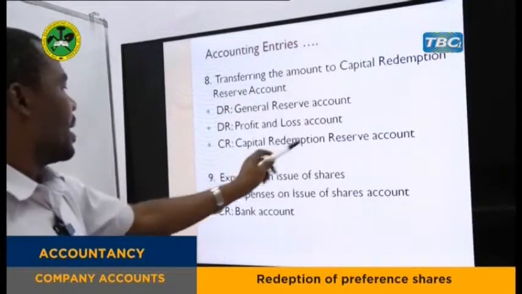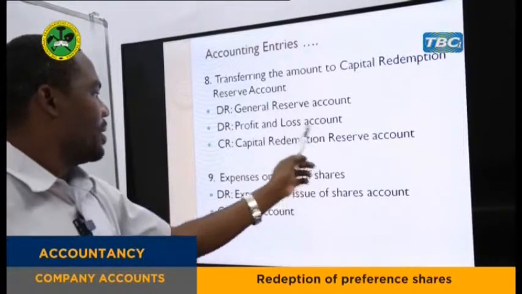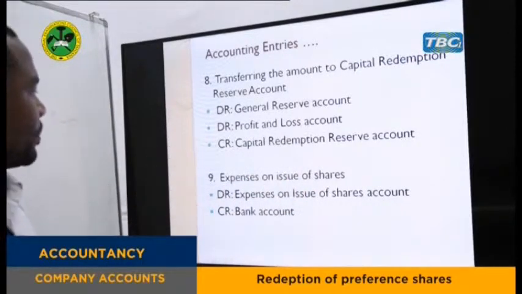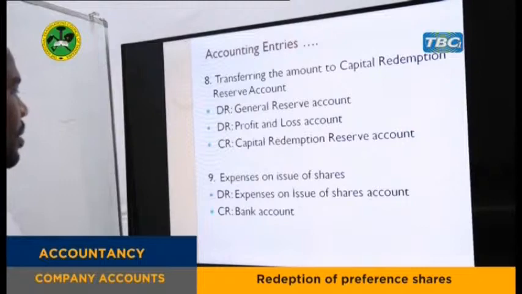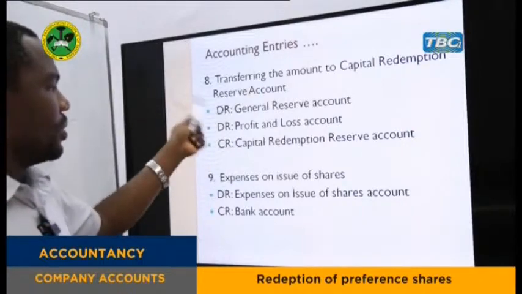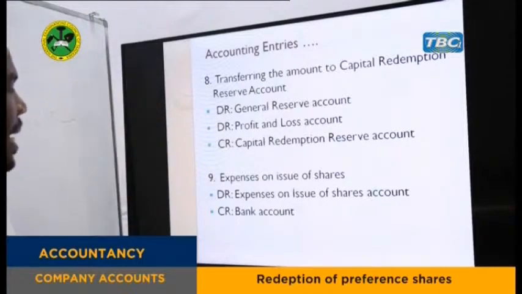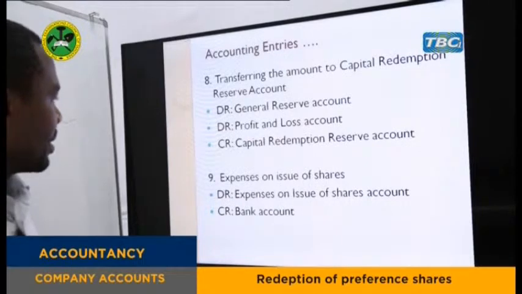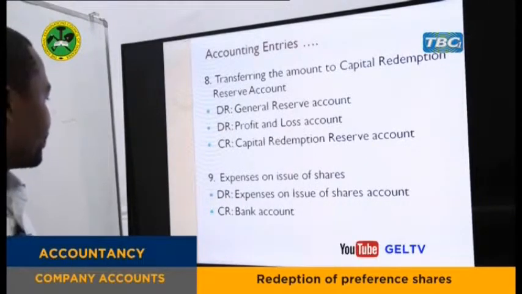So we set aside, and this amount will be retained as reserve. It won't be available for dividend payment. And of course, it can be used under the given or prescribed conditions, either for issuing bonus shares and so on.